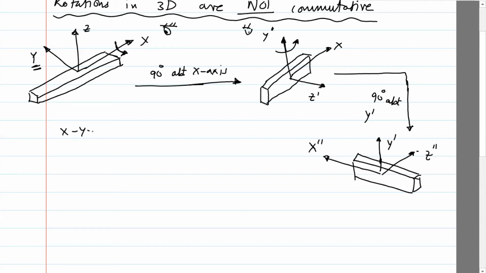So x, y, z, or x, y prime, z prime, and then x double prime, y prime, z double prime are all body frames. And you can see that the body frame, even though those are named as primes, are still sticking in the same direction.